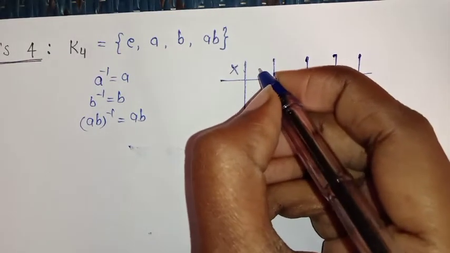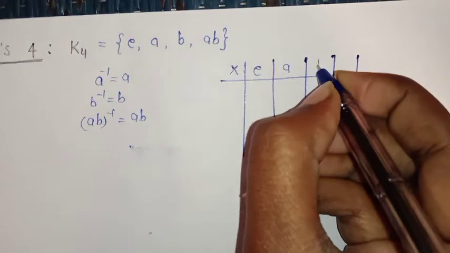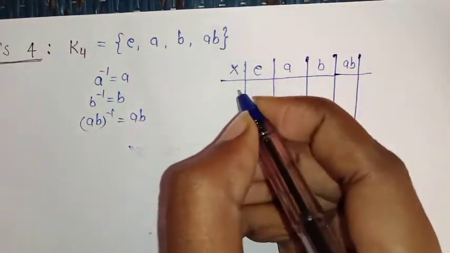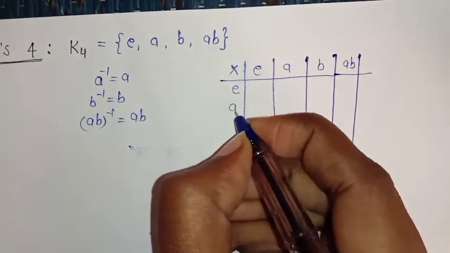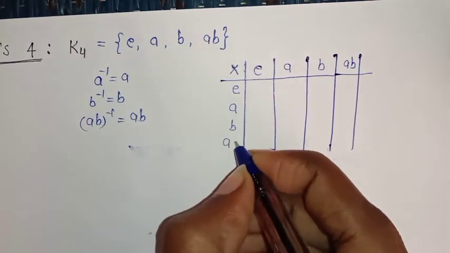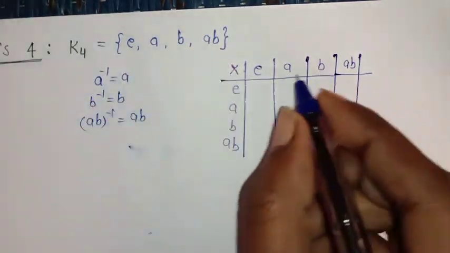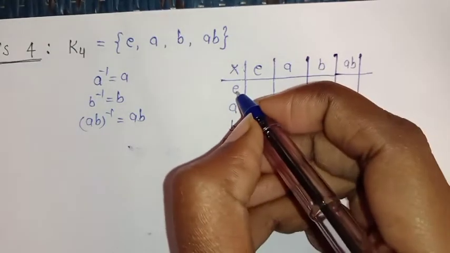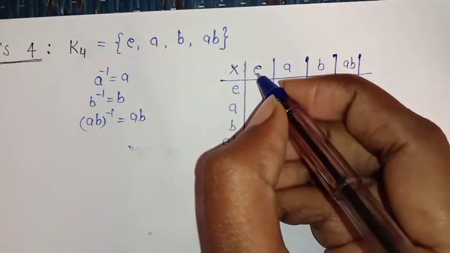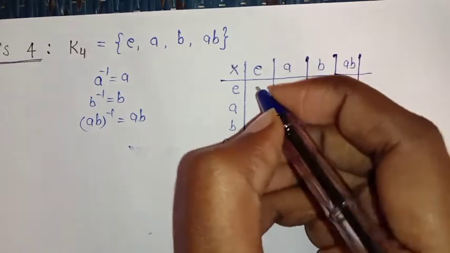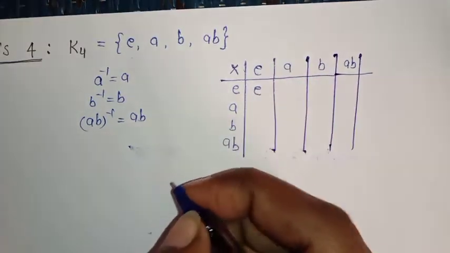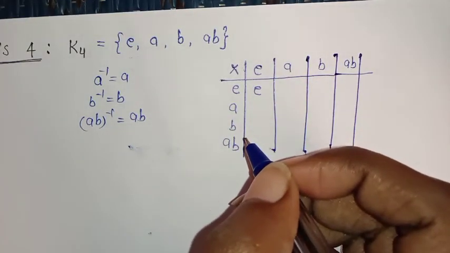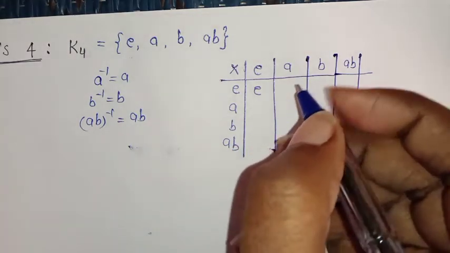So this becomes E, A, B, AB. Here we will write E, A, B, AB. That is, you just write the elements in a vertical line and a horizontal line. Okay, now we'll multiply. Firstly, this element by this element. So when identity is multiplied with identity, it gives me identity. And whenever identity is multiplied with any element, it gives me the same element.